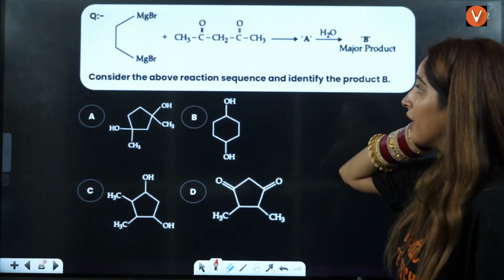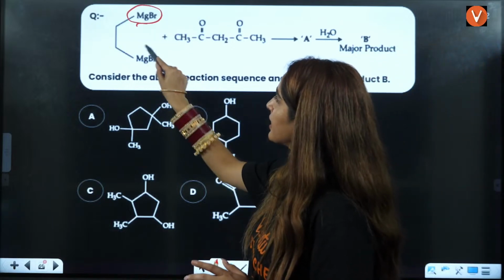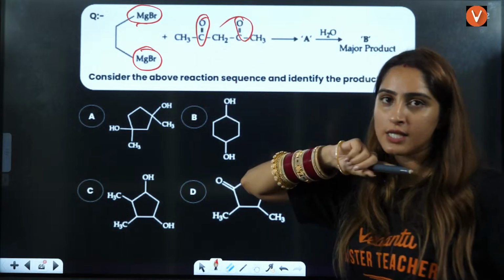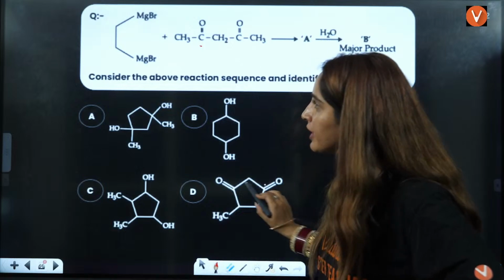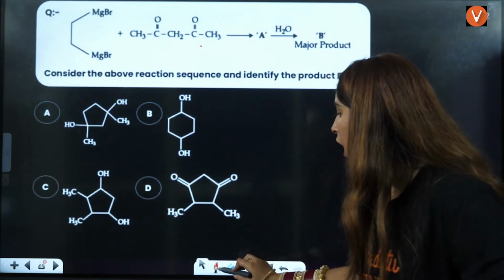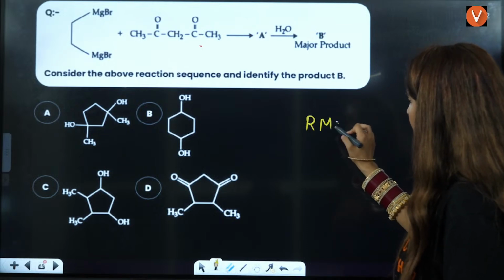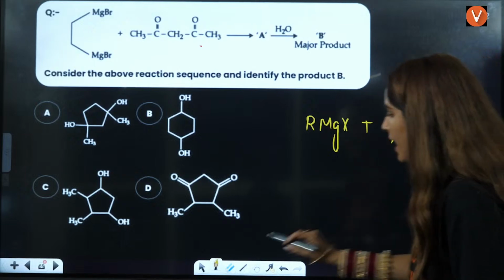Now here, if you see this, this is nothing but a Grignard reagent, and these are the carbonyl compounds, right? So how does a Grignard reagent react with a carbonyl compound? It will react the same way. Grignard reagent is RMgX, and this is the carbonyl compound that you have.